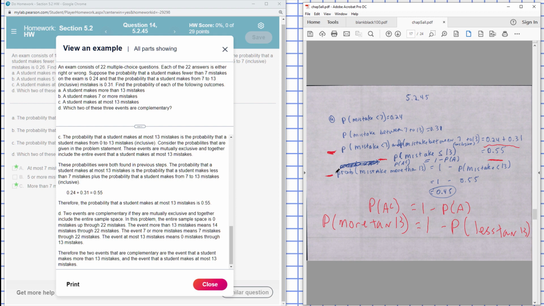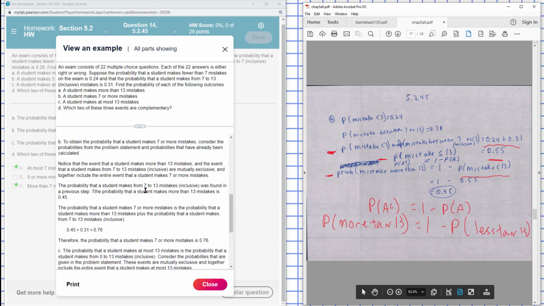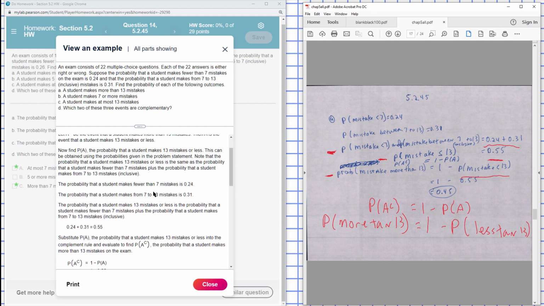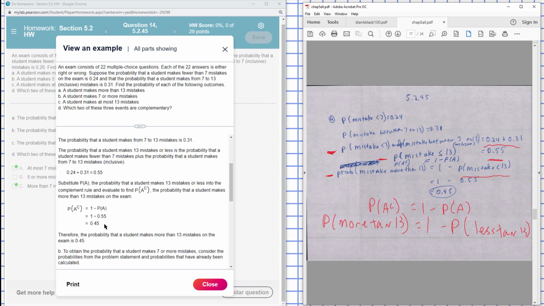The probability of more than 13 mistakes is equal to 1 minus the probability of at most 13, so 1 minus 0.55, which is 0.45. And there's part A. Therefore, the probability that the student makes more than 13 mistakes is 0.45.